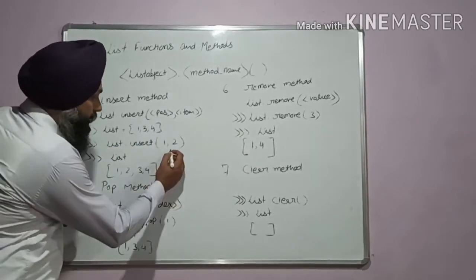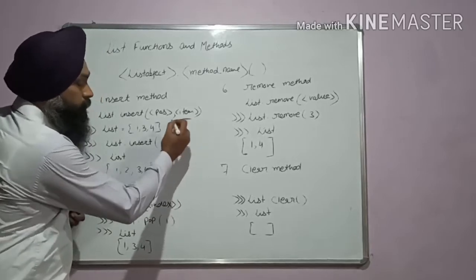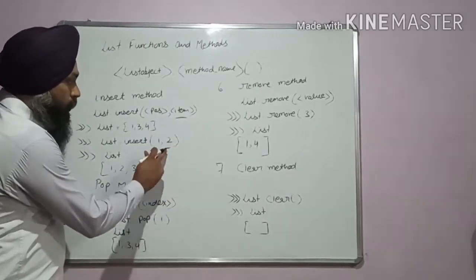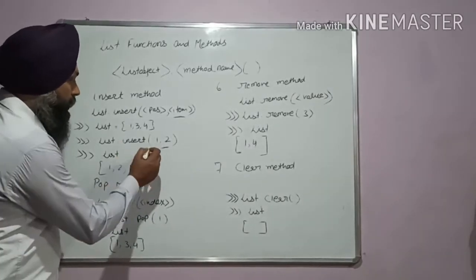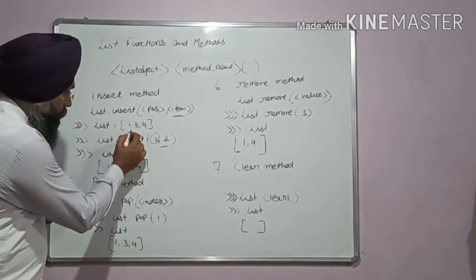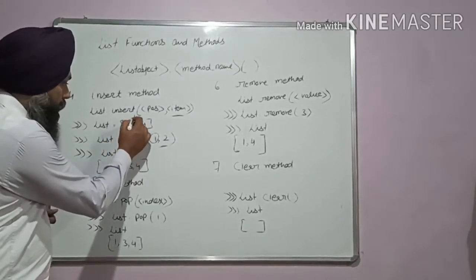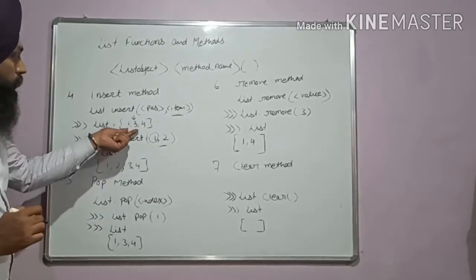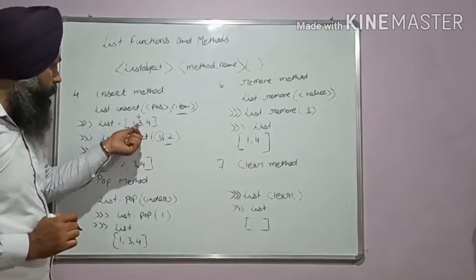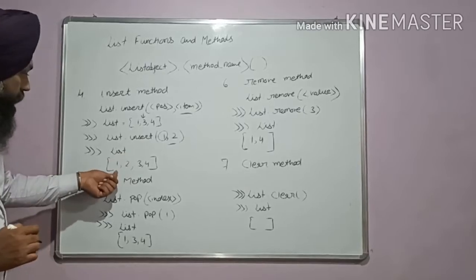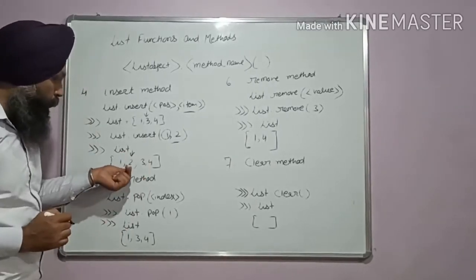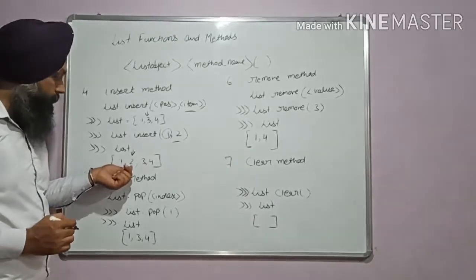The second argument is our item which we want to insert. So the element is 2 and we want to insert it at position 1. Earlier at position 1 we had the element 3, but we want to insert the element 2 at position 1. So here we get the result: at position 1 the element 2 gets inserted.